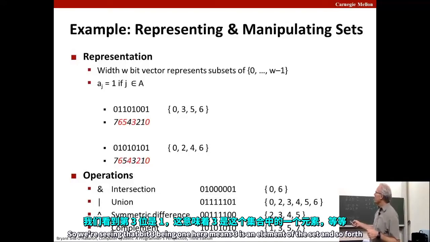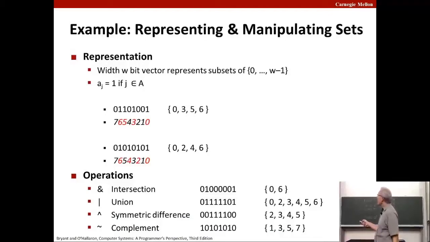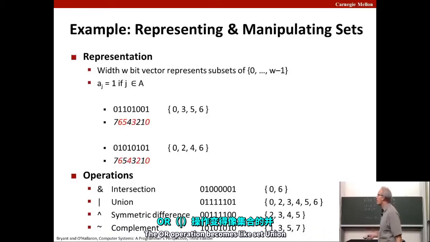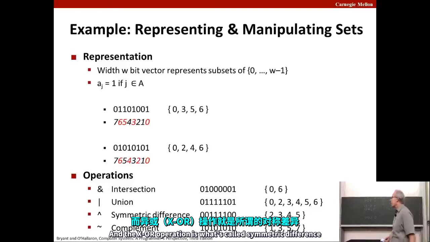So we're saying that bit 3 being 1 here means 3 is an element of the set, and so forth. So the idea is then the AND operation becomes like set intersection, the OR operation becomes like set union, and the exclusive OR operation is what's called symmetric difference.